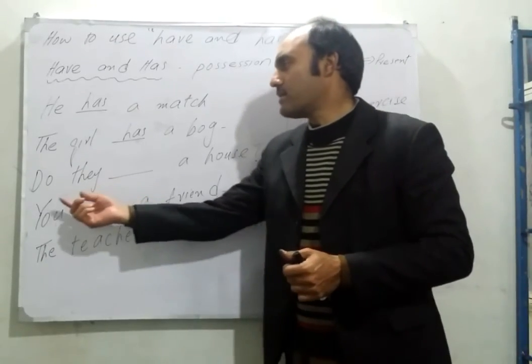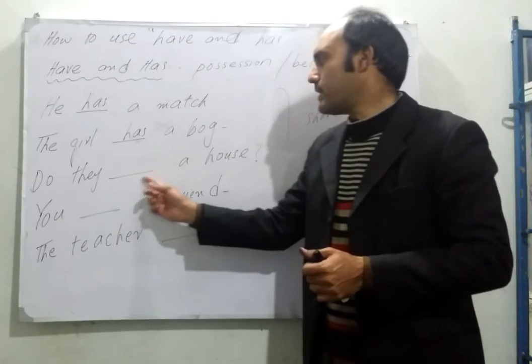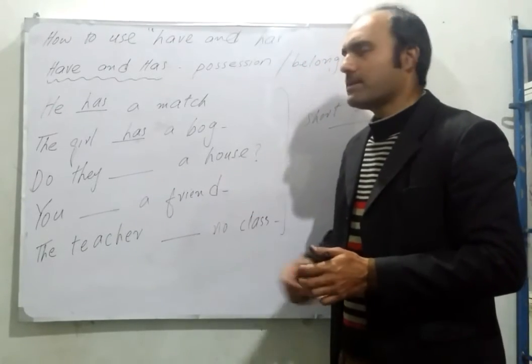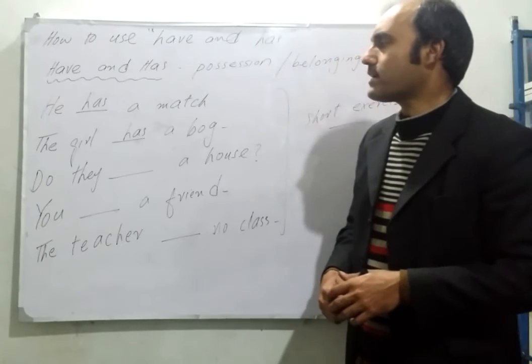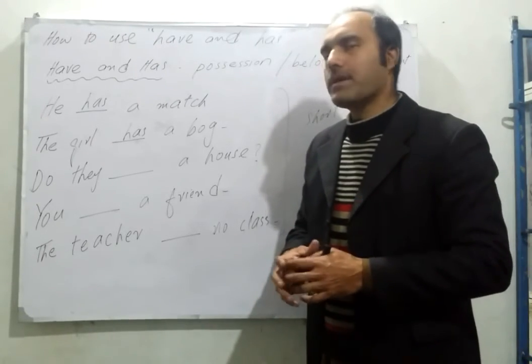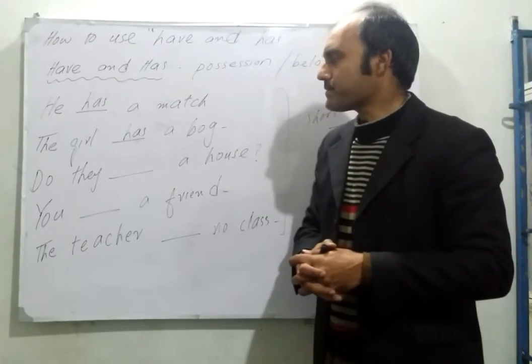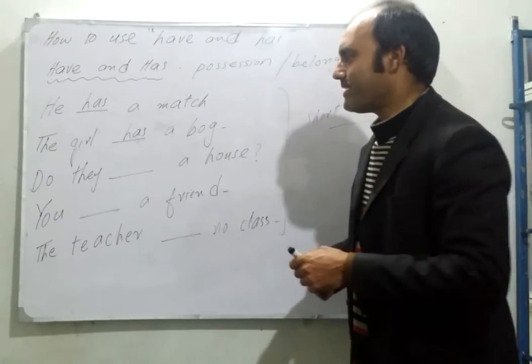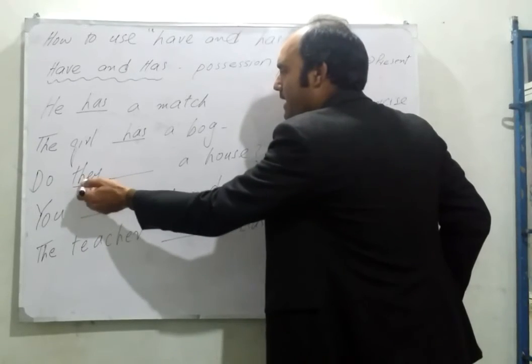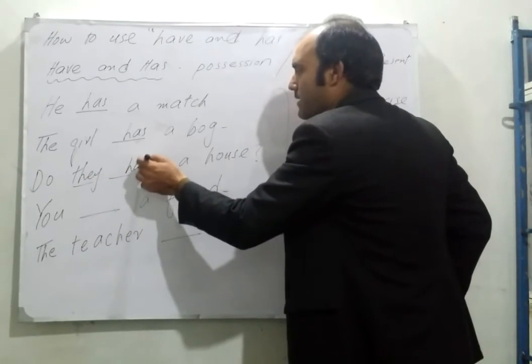Now come to this one. Do they dash a house? This is an interrogative sentence, so now think whether we have to put have or has here. Has? No. Have is correct, because our subject is they.